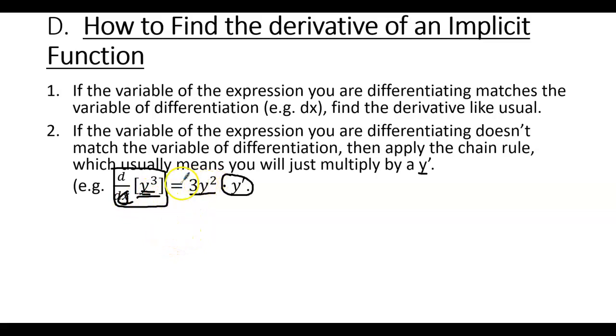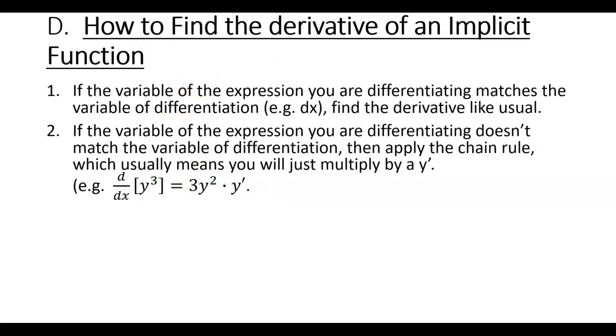That's why that's there. We're thinking of the outside function as something being cubed, and we're thinking of the inside function as the y. So this is like the derivative of the outside, the 3y squared, the green part, and the derivative of the inside is the y prime. So you're doing the chain rule there.